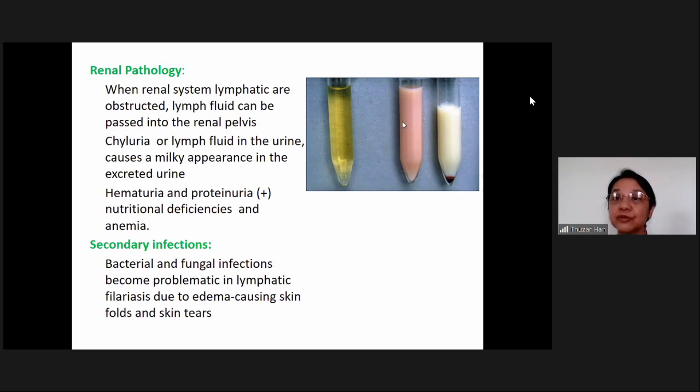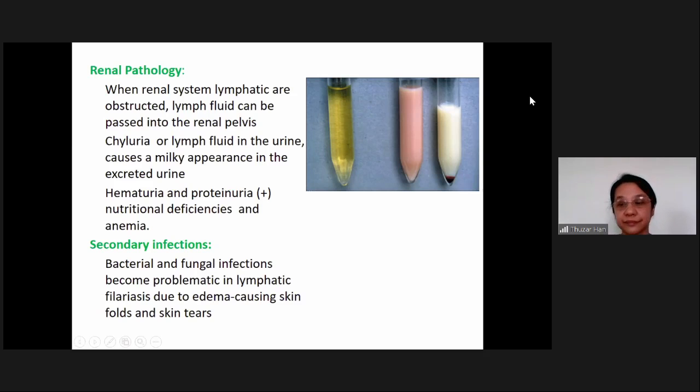So in the urine you will see chyluria, the presence of lymph in the urine, white in color. This is a characteristic diagnostic feature of lymphatic filariasis. Sometimes hematuria and lymphuria combine, very turbid because of the lymph, and pink in color because of the hematuria.